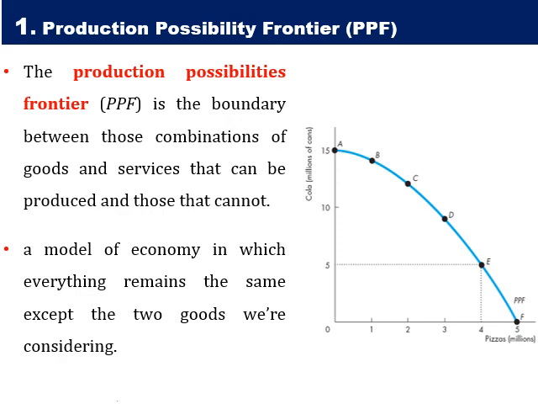This assumption is highly important to enable us to simplify the analysis, and by assuming this, we can draw the PPF as shown in the displayed figure, where we have two goods that can change, which are cola and pizza. As you can see in this figure, the amount of pizza is represented on the x-axis, and the amount of cola is represented on the y-axis.